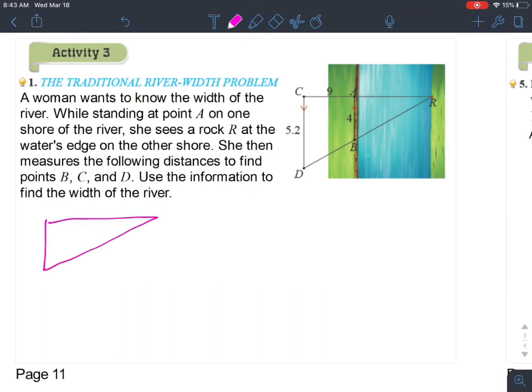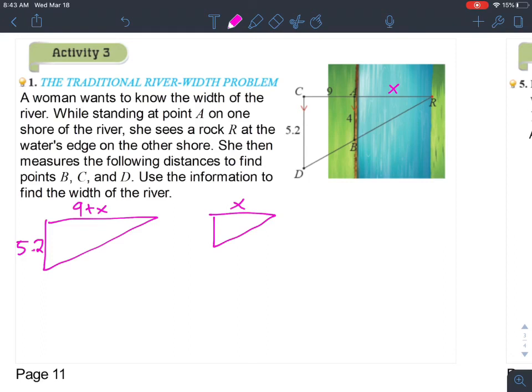Okay, my hint for solving this is, once again, let's divide these two triangles up. We know that for the big triangle, we've got 5.2 as its height, and we actually don't know what the width is, but if we say that the width of the river is x, then we can call that 9 plus x.